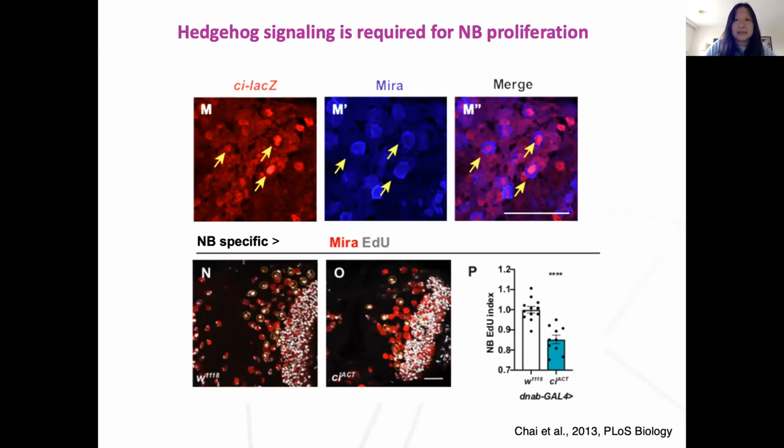And CI like this seems to be very much active in the neurostem cells, here co-localized with neuroblast marker called Miranda. And when she autonomously activated hedgehog signaling in the neuroblast, she also saw a slowing down of the neuroblast cell cycle progression. So together, this suggests that the phenotype we saw through glial-FGF signaling may be accounted for by downstream hedgehog signaling.